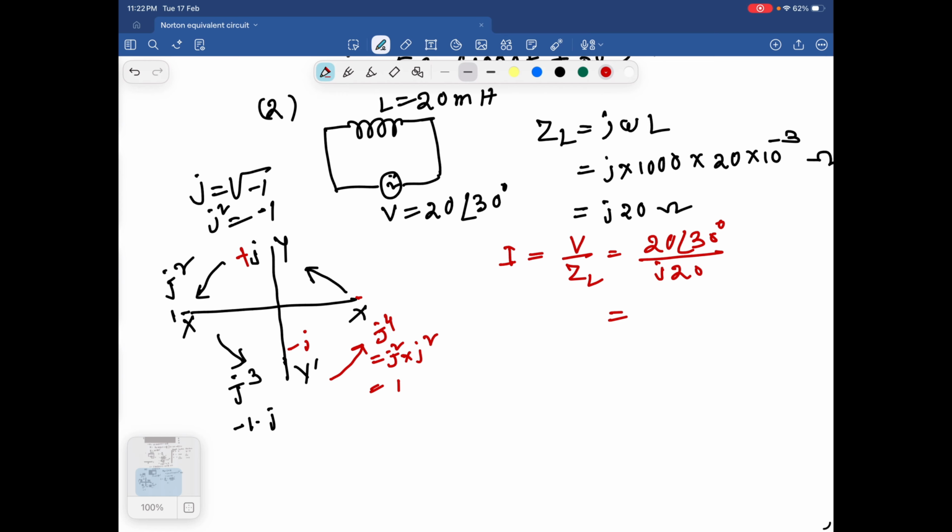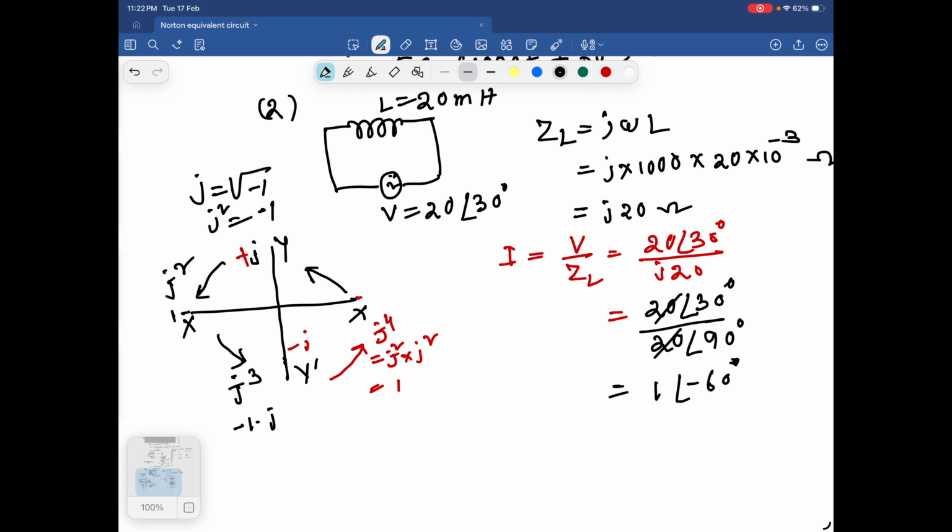So I can write 20 angle 30 degree divided by 20 angle plus 90 degree. 20 cancels, this is 1, and 30 minus 90 is minus 60, so angle minus 60 degree.